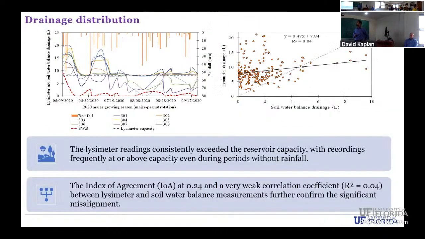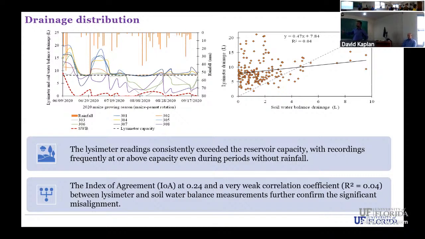Okay, now we look at the performance of the drain gauge. This is one of the 300 sections where we have corn, carrot, peanut. We have 301 to 308, 8 different lysimeters.